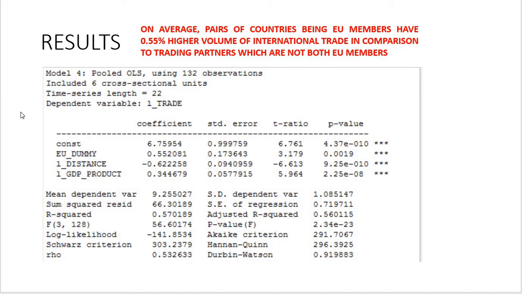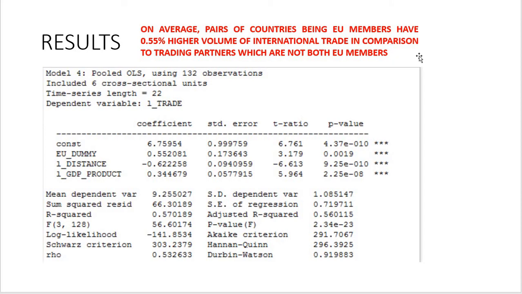So our result tells us that on average pairs of countries being European Union members have 0.55% higher volume of international trade, because of the positive coefficient, in comparison to trading partners which are not both EU members.